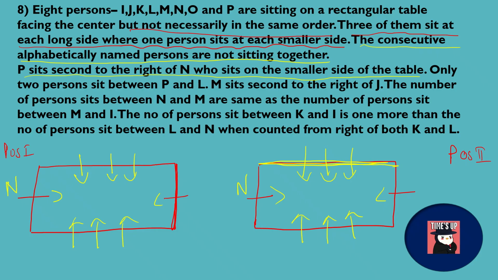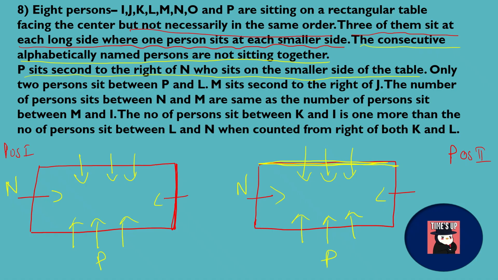Next, P sits second to the right of N. 1, 2, P will be here. Correct? And in this case, P will be here.